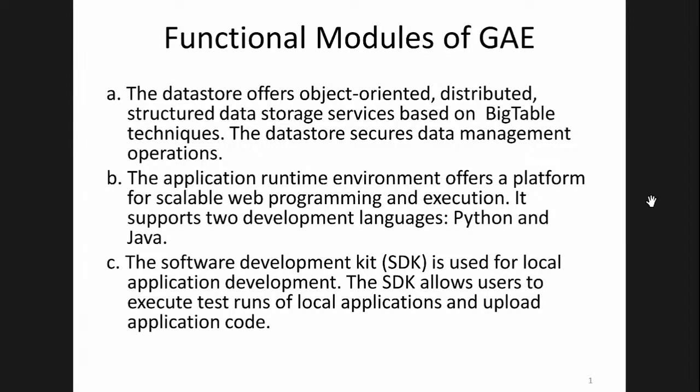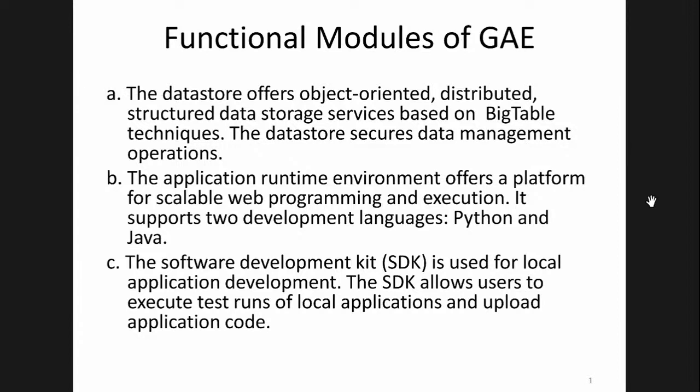In order to have certain kinds of security provisions, we have already seen a few things related to Google App Engine, like security features such as Chubby logs for security, and all the other things will be maintained as a part of this. The application runtime environment offers a platform for scalable web programming and execution.